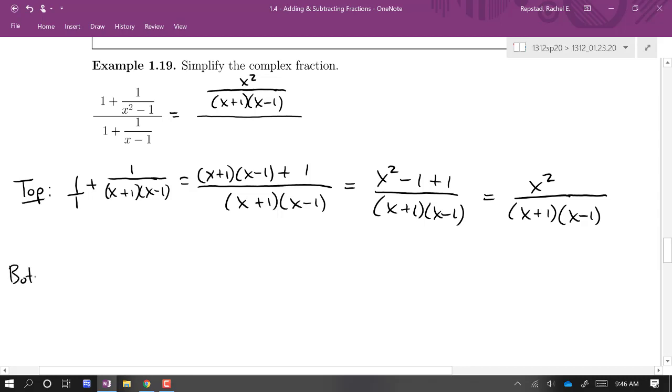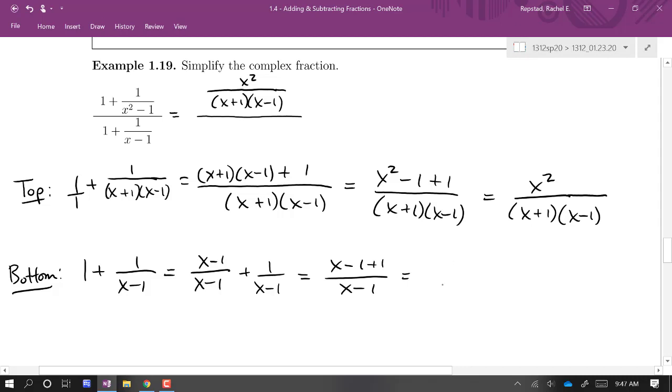The bottom, 1 plus 1 over x minus 1. What do we do with this? So we get x over x minus 1.